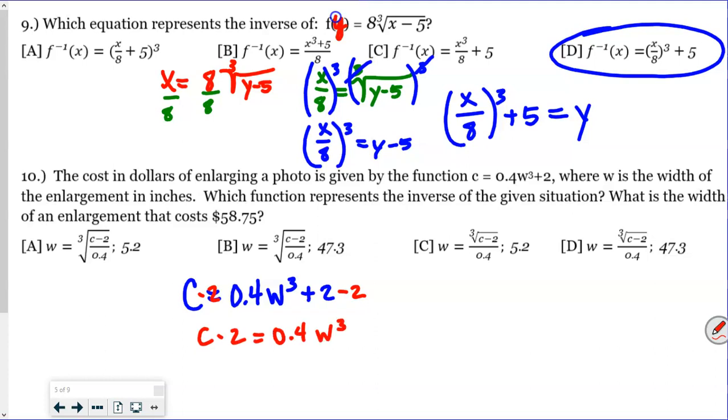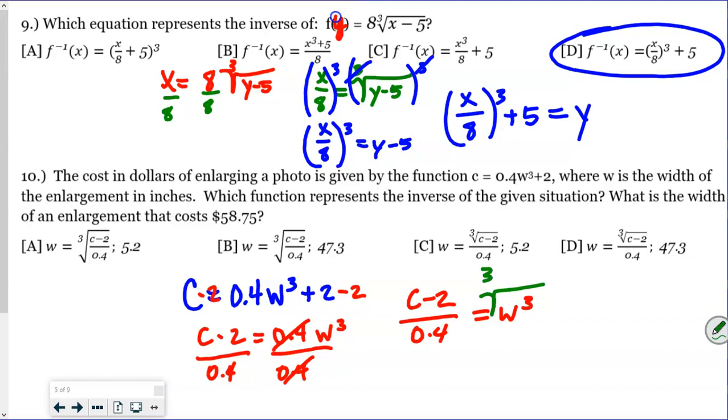So now don't we need to divide by that 0.4 on both sides? You're right. So now it goes away from there. So we got c minus 2 divided by 0.4 is equal to w cubed. Now how do we get rid of a cube? Yes, we take the cube root. So we're going to take the cube root of the w cubed and of the c minus 2.